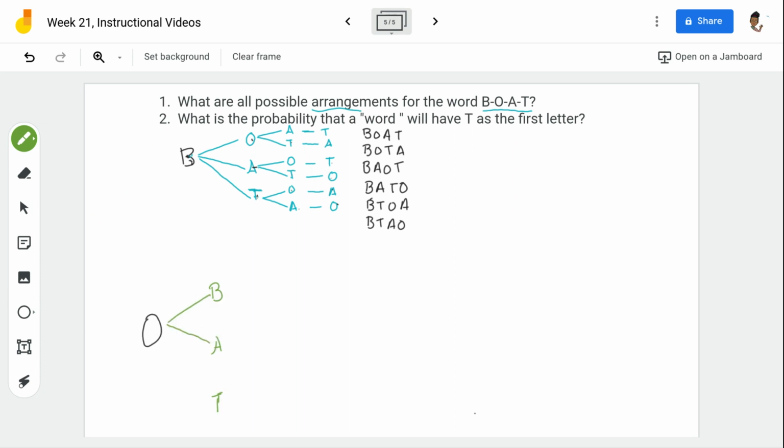Well, let's think about if I use the letters O and B. So what's left? We have A and T. Well, if I use O, B, and A, what's left? That's T. And if I use O, B, T, what's left? An A.